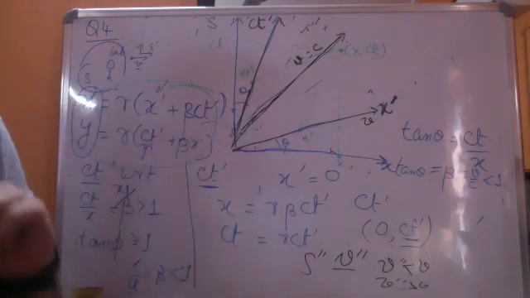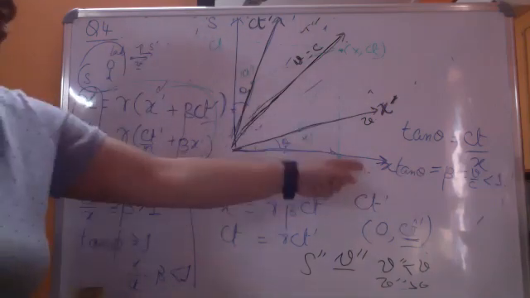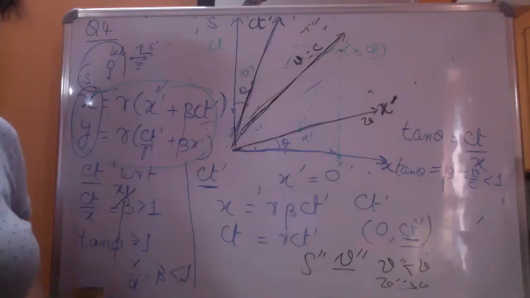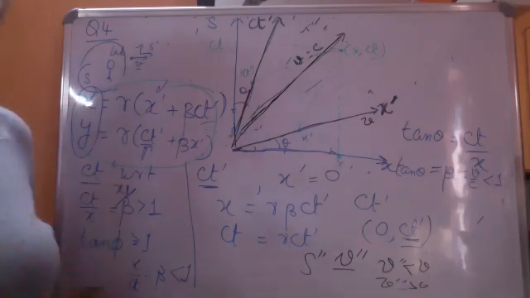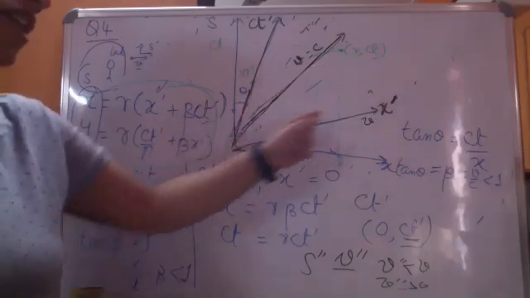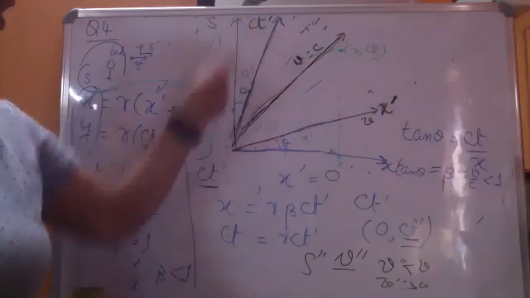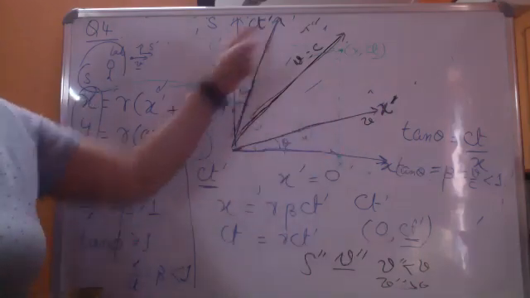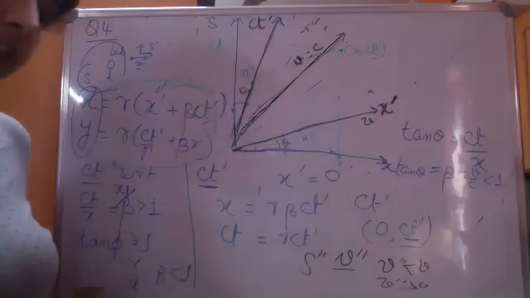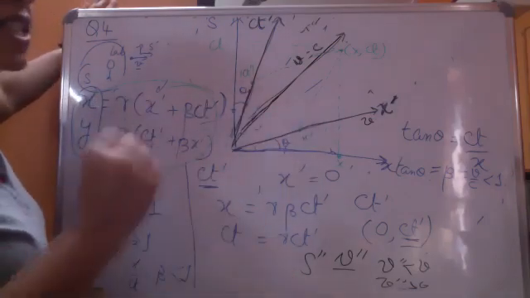I've been telling you that again and again. What truly is the world line of a particular particle will depend upon its initial conditions. All these equations of motion are straight lines only, but which straight line the particle takes will depend upon its initial condition.